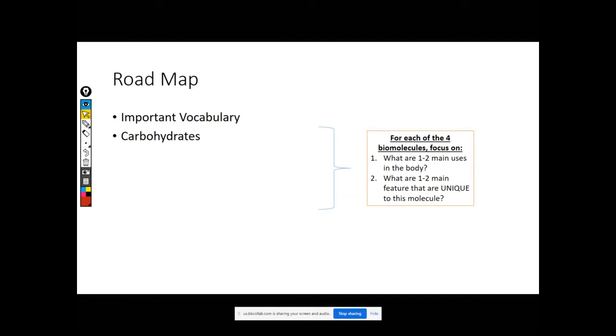Why would a cell consume a carb, take in a carb? And in the end, how would I tell a carb apart from all of the other biomolecules? These are the things we want to focus on. I will let you know, like we'll pause as a whole class and say, take out a sheet of paper or bring up a Microsoft Word document to start the participation activity. But that doesn't mean in your notes you shouldn't also be focusing on these things.